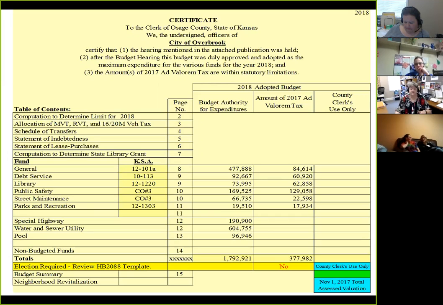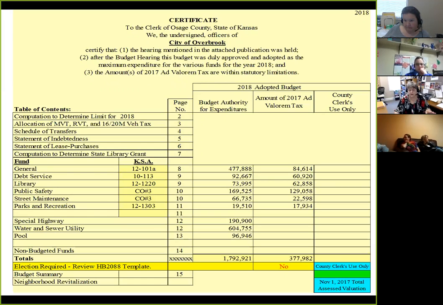You'll notice that this budget would not require election. If you go back and review that template page, it said they could spend up to $381,000 some odd dollars. You'll notice the total budget is $377,982. They do not have to go have an election in August.